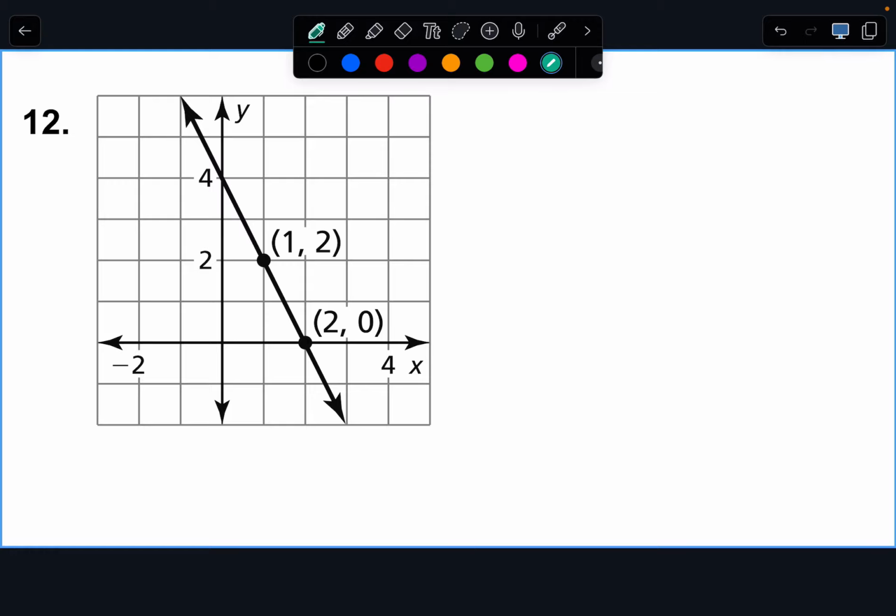Y equals 2x minus 1. Y equals 2x minus 2.